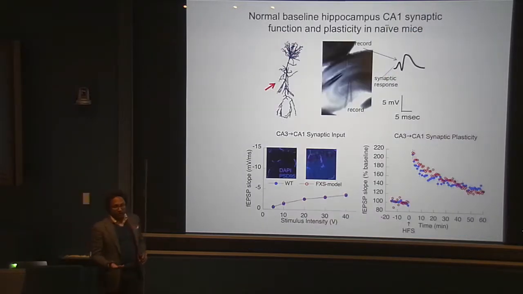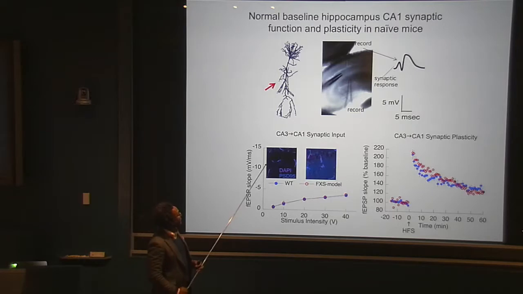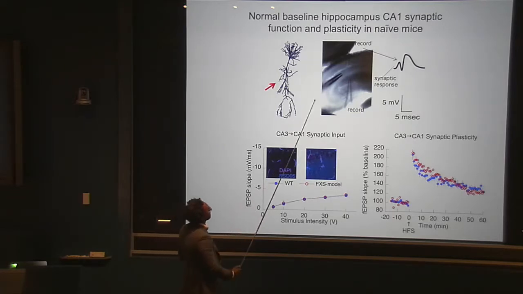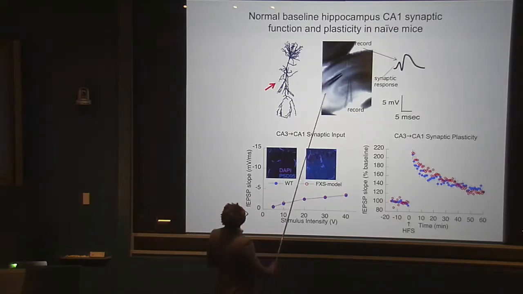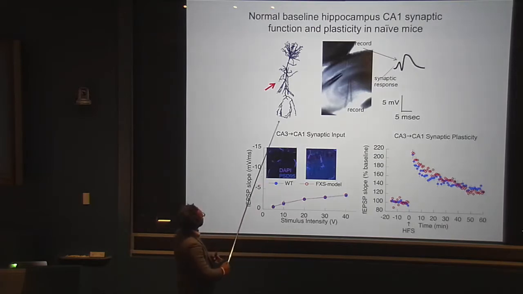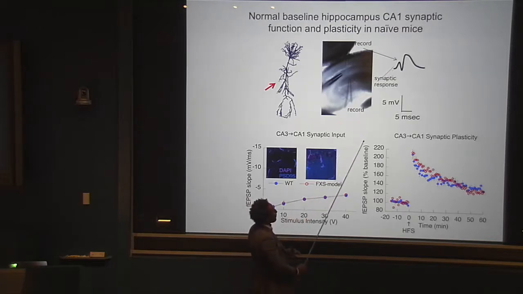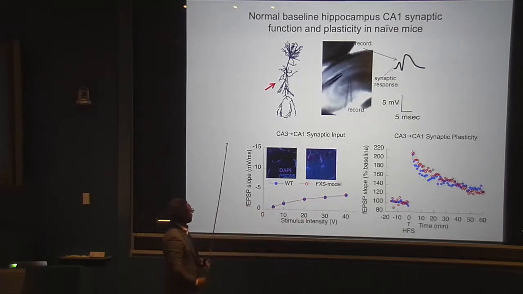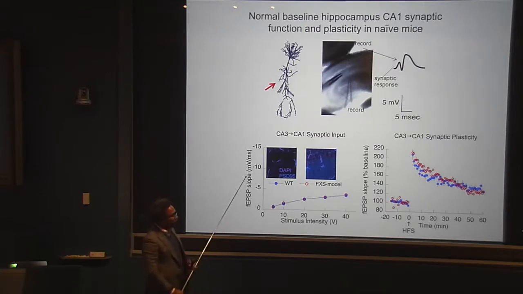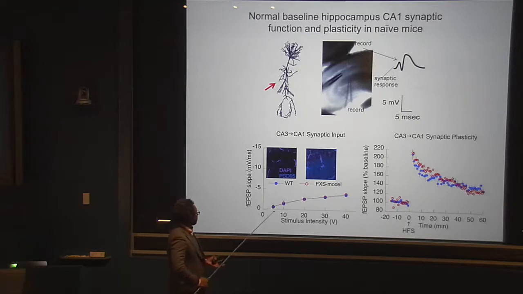One of the things you can measure, though, is at synapses, and here's a slice through the hippocampus where we can put recording electrodes and stimulating electrodes and stimulate populations of cells that look like this, and we can manipulate the input to this part of the dendritic tree and record a synaptic response, and measure how strong that response is. Despite this set of protein changes, in naive animals, the strength of this input at the synapse seems to be pretty normal.